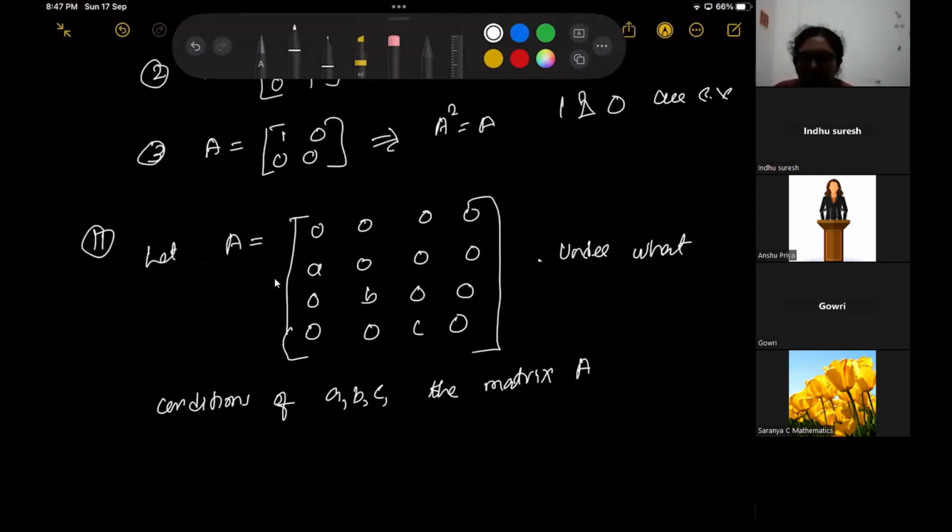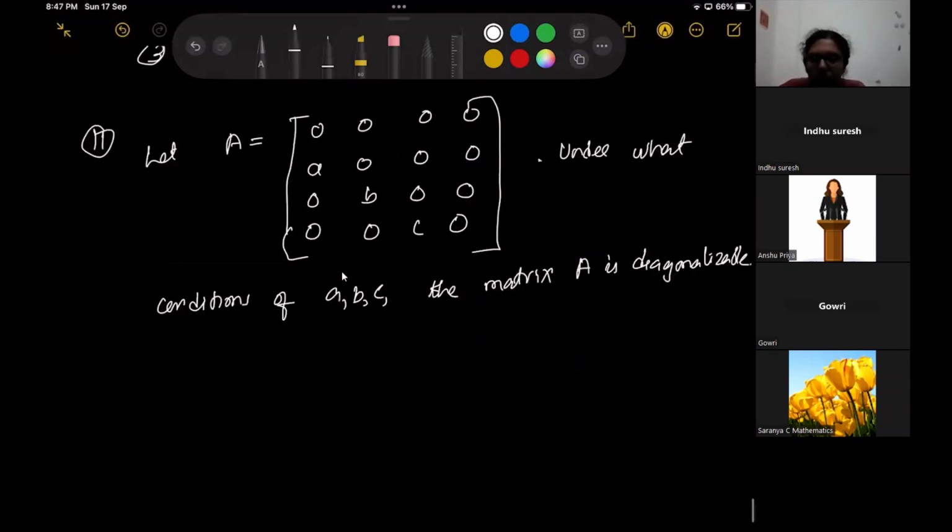So the question is, a matrix A is given. It is actually a nilpotent matrix. If you don't know nilpotent, just leave it. So the question is, under what condition, like under what values of a, b, c, will it be diagonalizable? Is the question clear? So we need to find the values of a, b, and c such that A is diagonalizable.